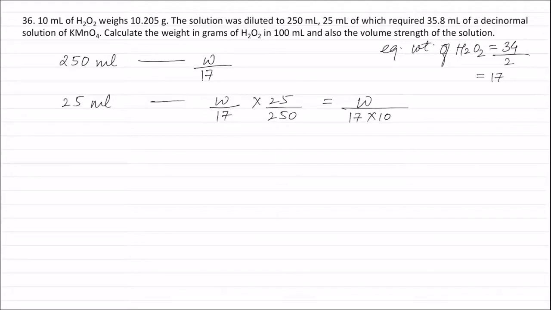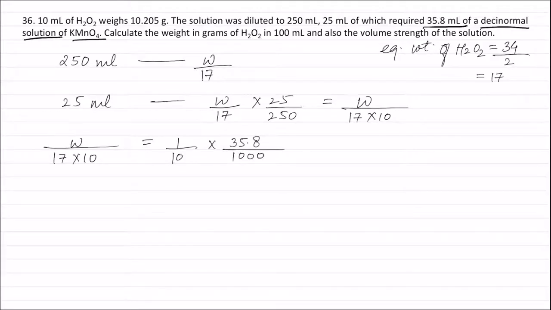Now this 25 milliliter of H2O2 solution required 35.8 milliliter of decinormal solution of KMnO4. Therefore, equivalents of H2O2 in 25 milliliter, that is W by 17 into 10, is equal to equivalents of KMnO4 solution, and equivalents of KMnO4 solution will be equal to normality of KMnO4 solution, that is 1 by 10, into volume of KMnO4 solution in liters, that is 35.8 divided by 1000 liters.